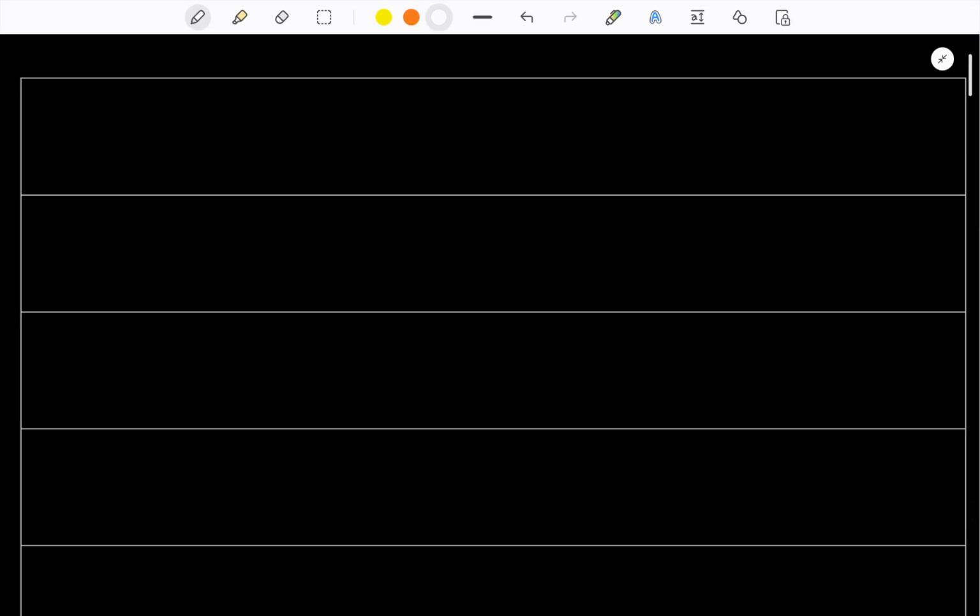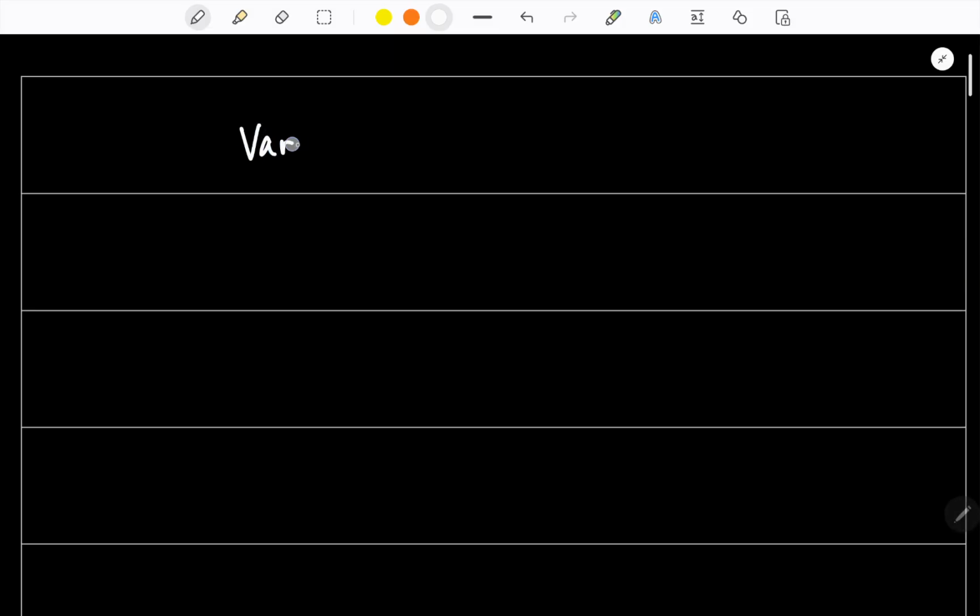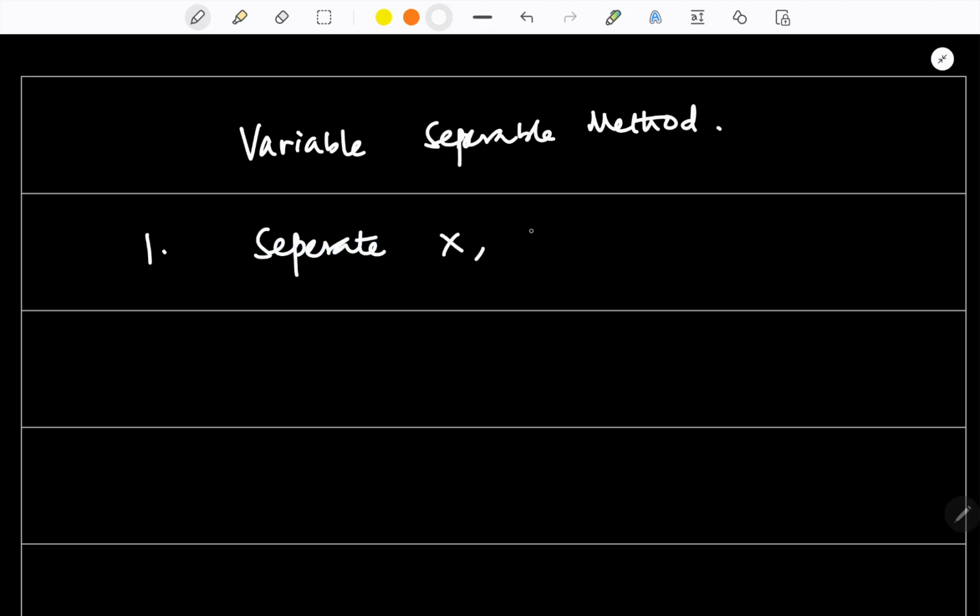So what are the steps you are going to follow in the variable separable method? Let me write here. Variable separable method. Step 1: separate x with dx and y with dy. That is very, very important.